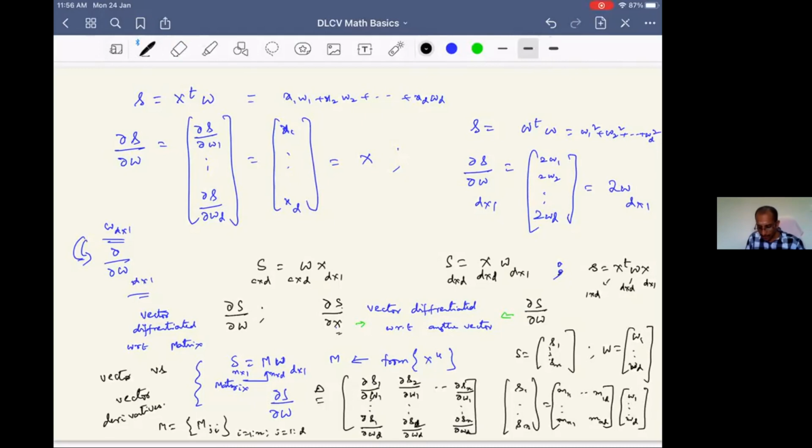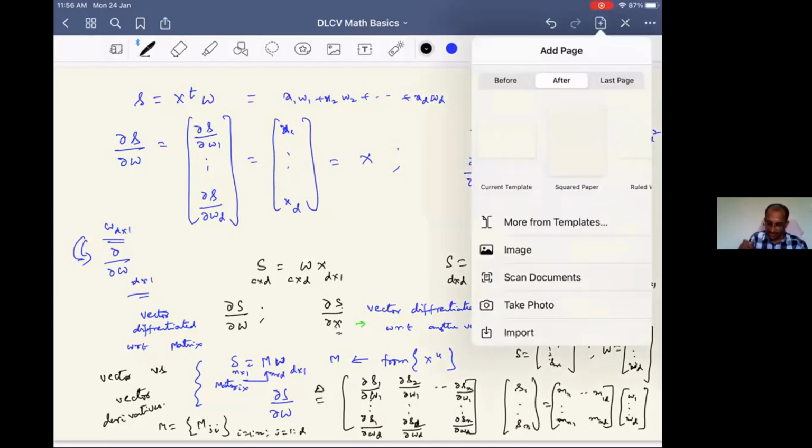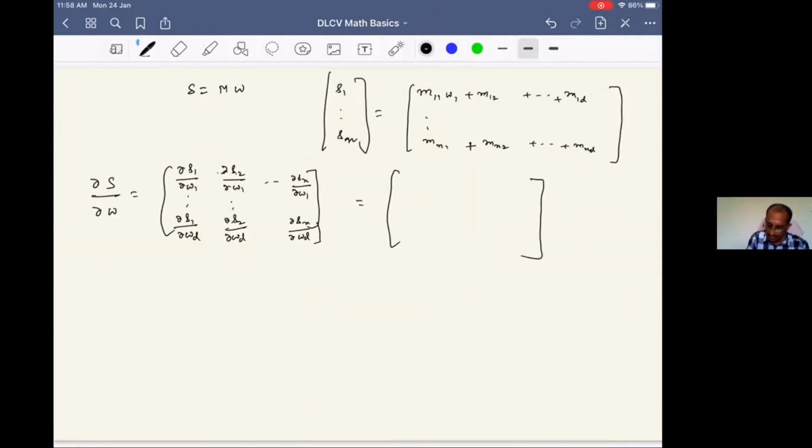So now I can compute dou S1 by dou W1. Yes or no? And similarly dou S2 by dou W1. Each of them I can compute. Given this definition, what is the solution? M transpose. Okay, M transpose, very good.